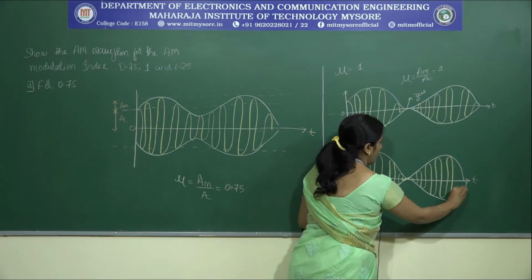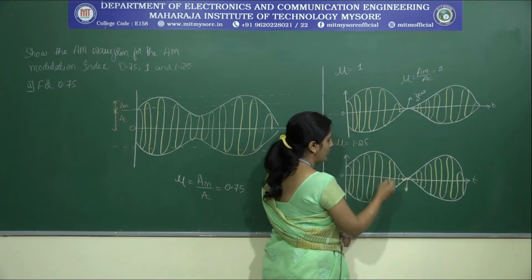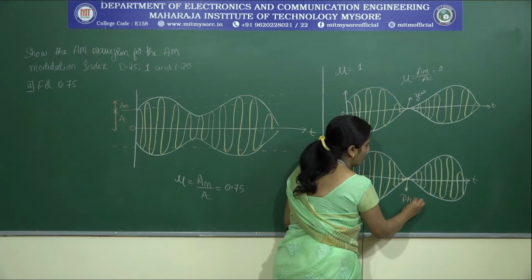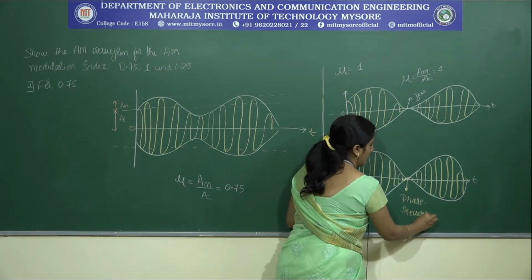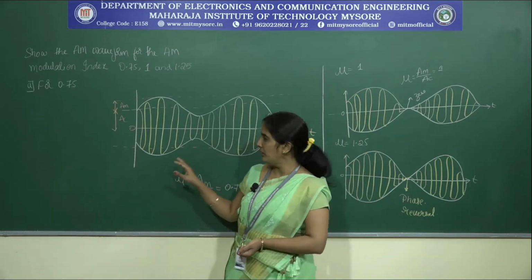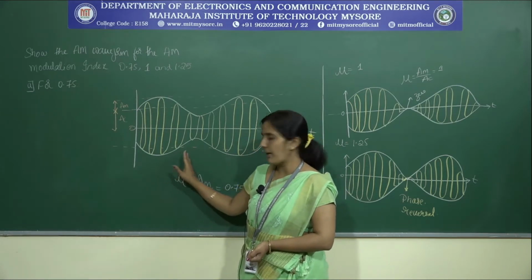So by this we can say that whenever the modulation index is more than 1, we are going to get the phase reversal.